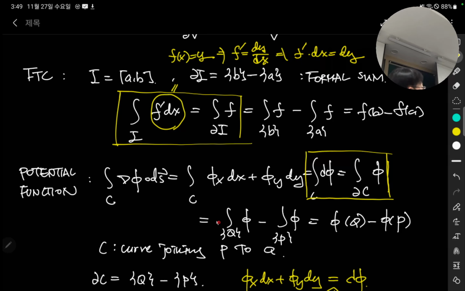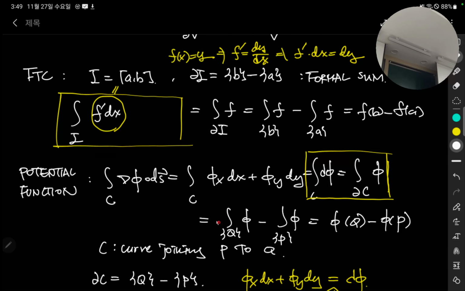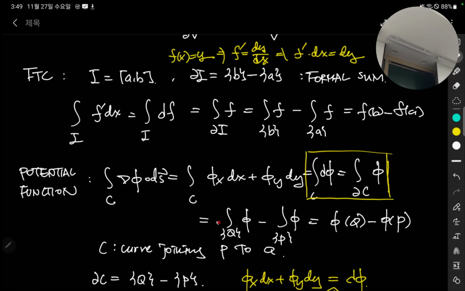So f prime dx measures how much the value of the function has changed by the change of x by delta x. So f prime dx is, in fact, df. It's the same as integration of df over the line, over the interval I. So you have to memorize, keep in mind what this means here.